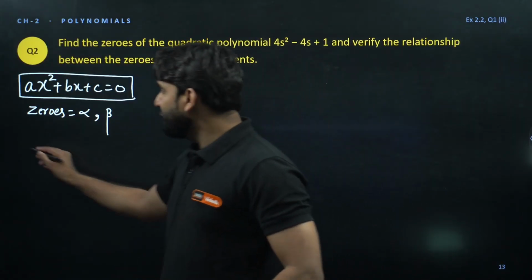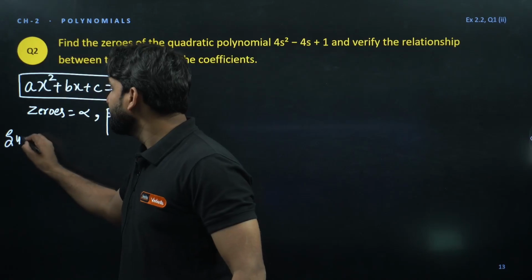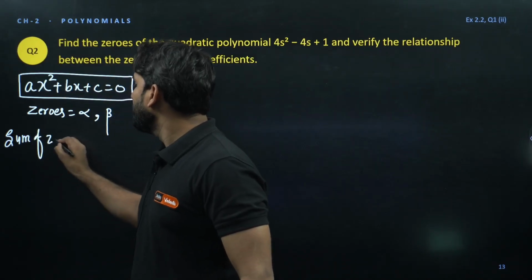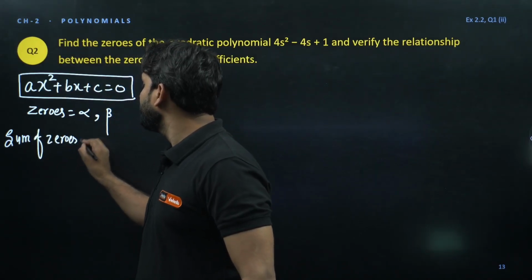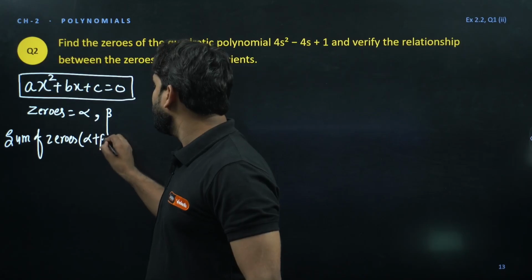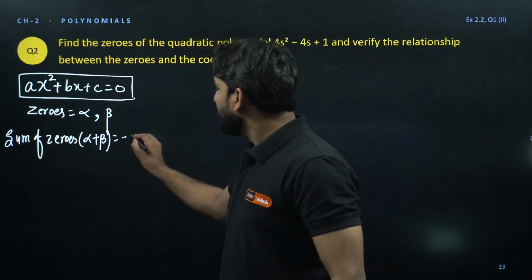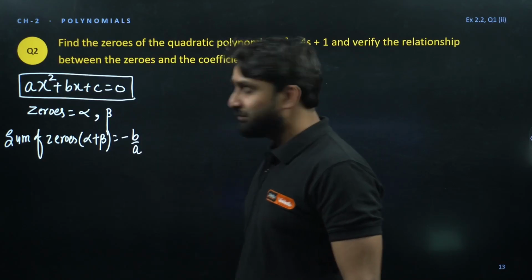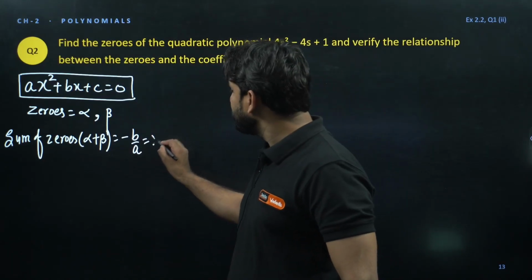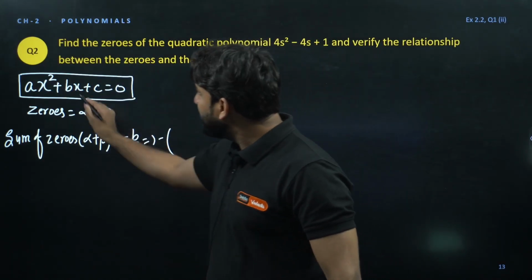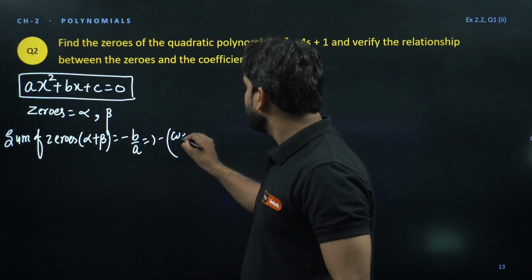So we have a formula: the sum of zeros of any quadratic polynomial is equal to minus b by a. Do you know what b is here? B is the coefficient of x.